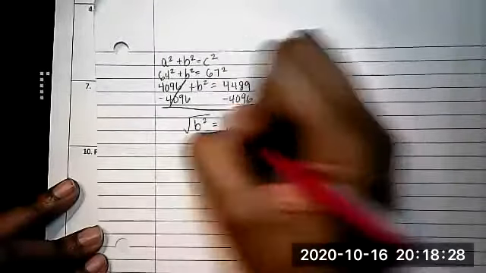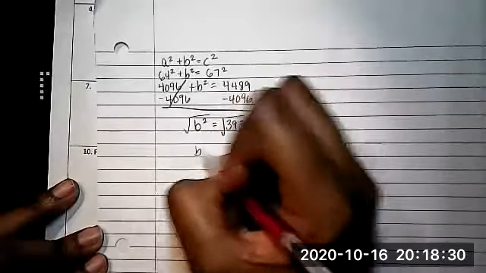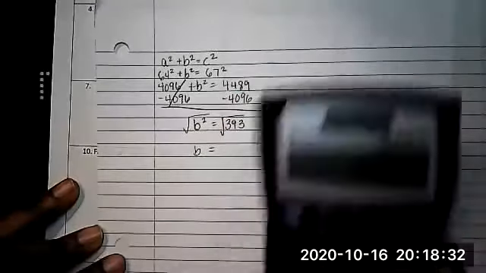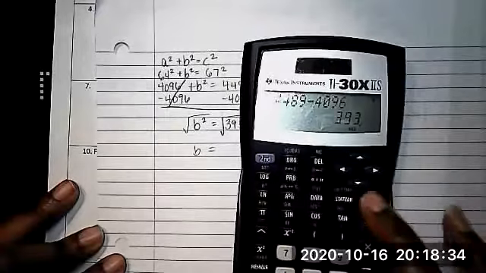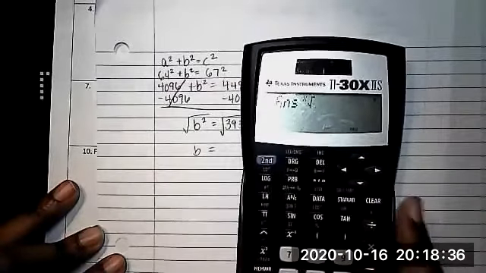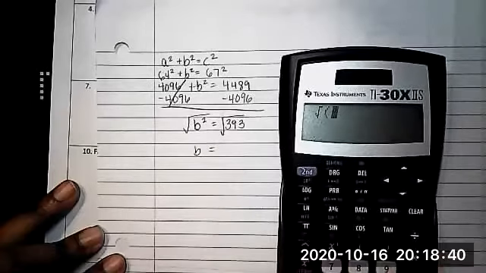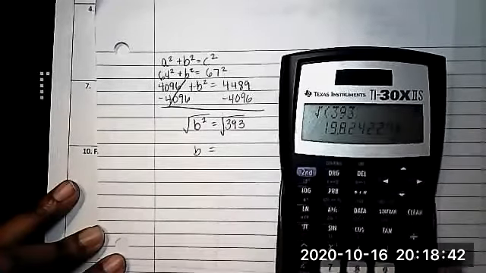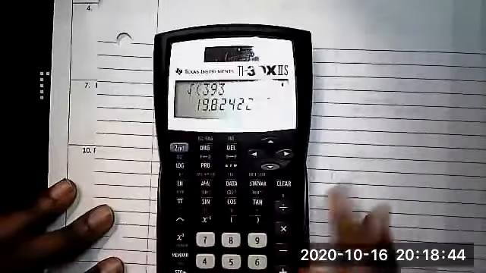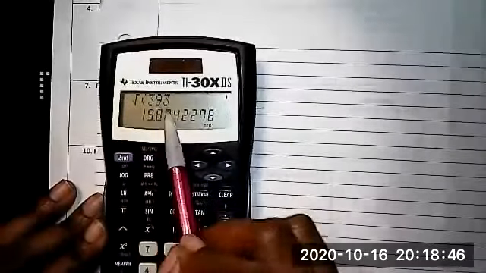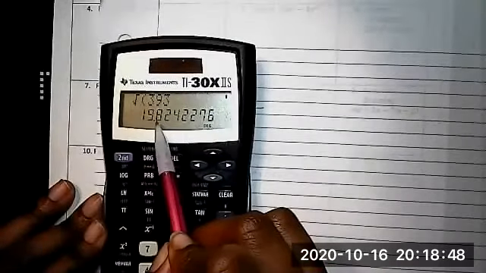And you are going to take the square root of both sides, okay? Because we're trying to get b by itself. So let's take the square root of 393. They want you to round to the nearest tenth. In this case, the nearest tenth is right here, the 8.